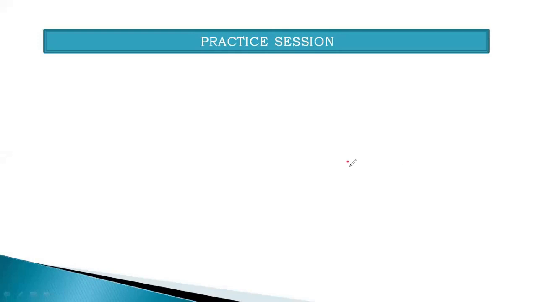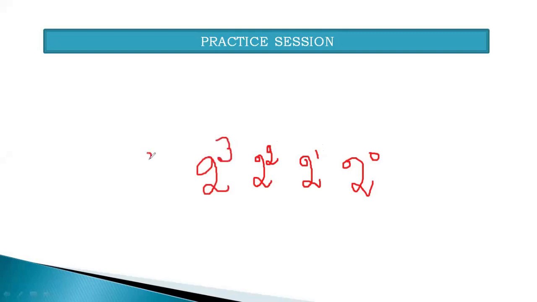It was written as 2 to the power 0, then 2 to the power 1, then 2 square, then 2 cube, 2 to the power 4, 2 to the power 5, 2 to the power 6, and so on.